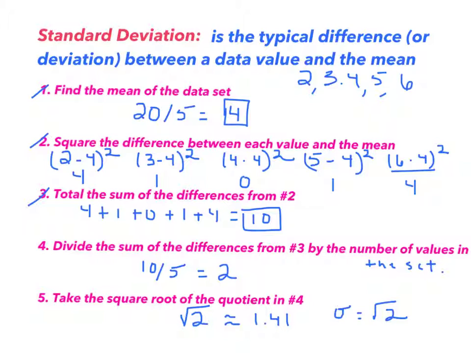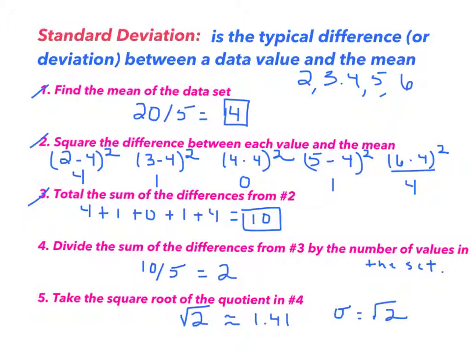So let's go back through these steps. You first find the mean, which is the average, and we got that to be 4. In step 2, we subtracted the mean from each data value and squared it, so we got 4, 1, 0, 1, 4. In step 3, we totaled that sum and got 10.